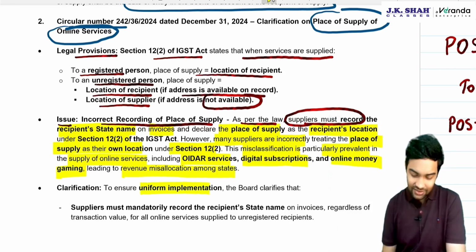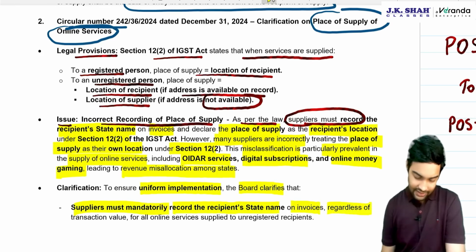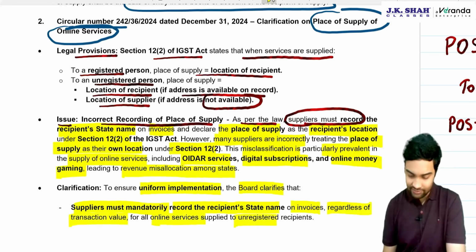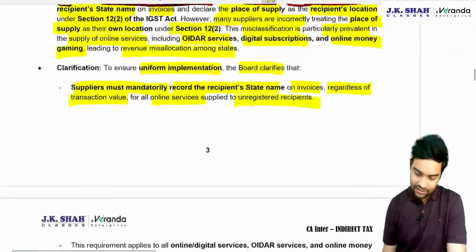Clarification: suppliers must mandatorily record the state name on the invoices, regardless of the transaction value, for all online services tied to a registered recipient.